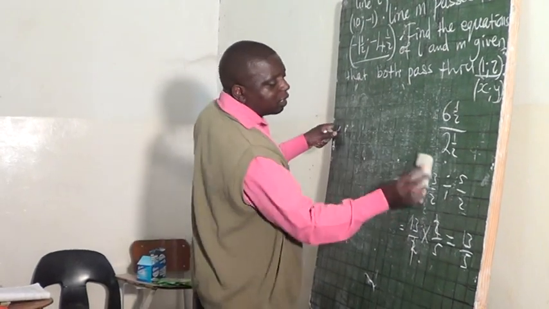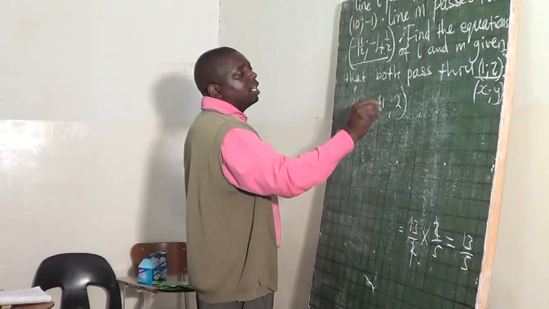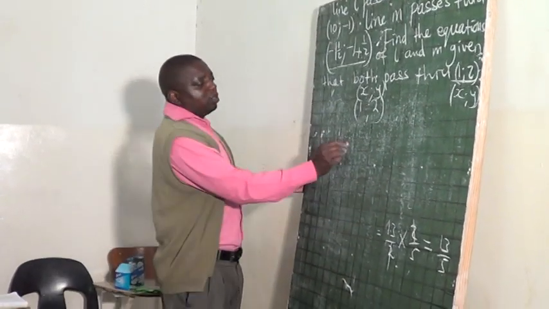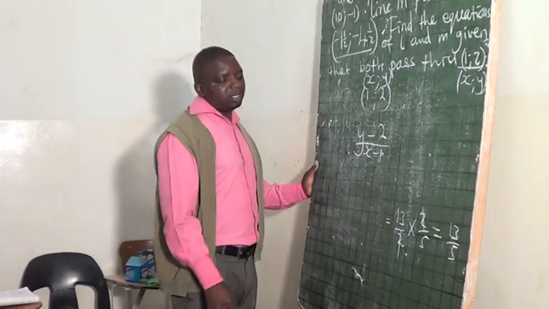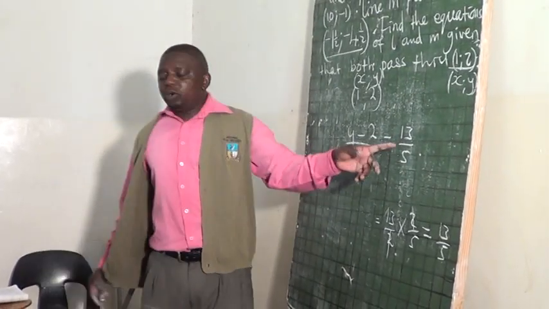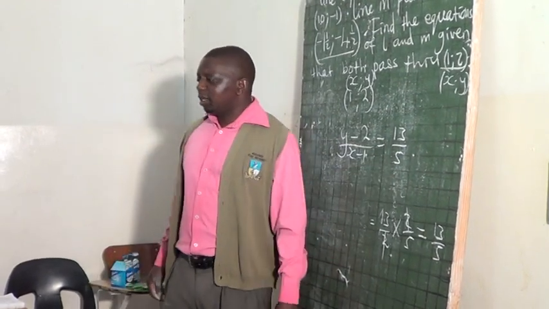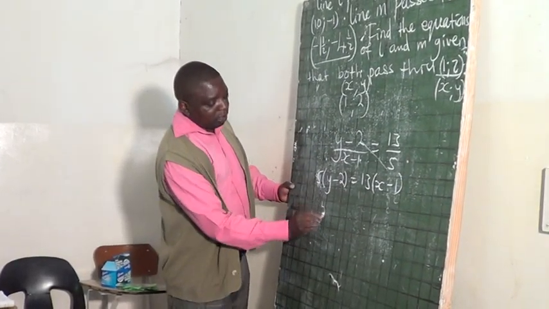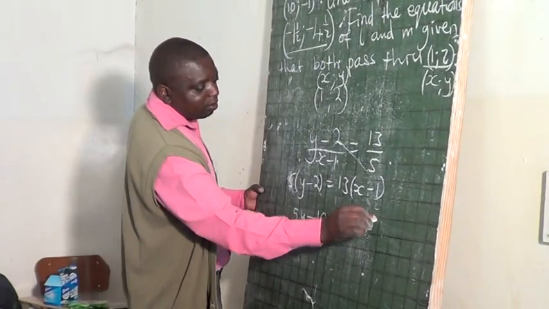To find the equation, use one of the two points and an unknown point x, y. So y minus 2 over x minus 1 is equal to the gradient, 13 over 5. Then cross multiply and open the brackets: 5y minus 10 equals 13x minus 13.